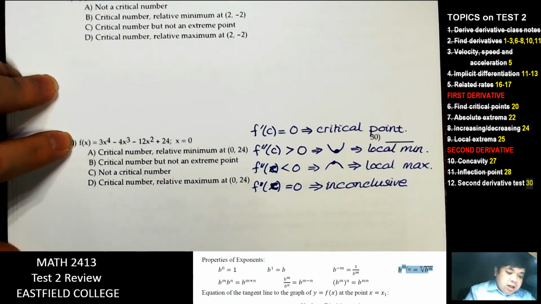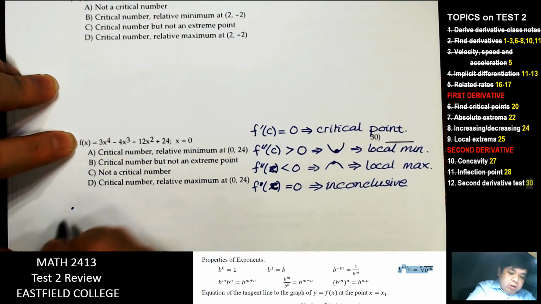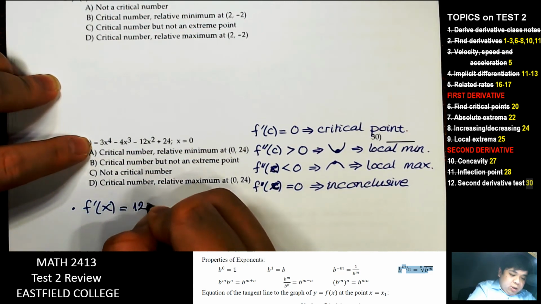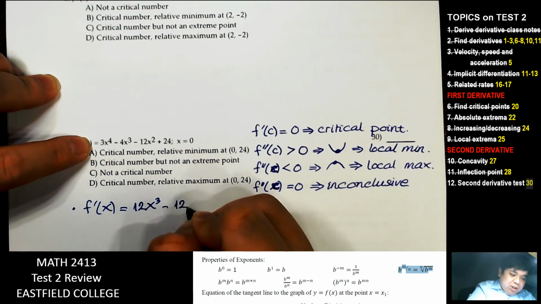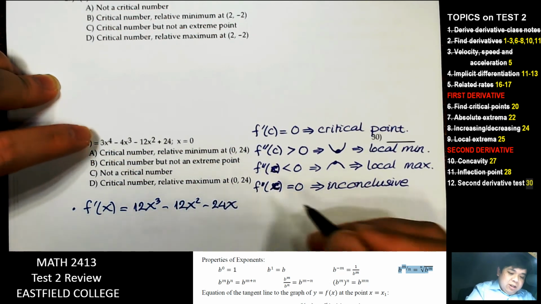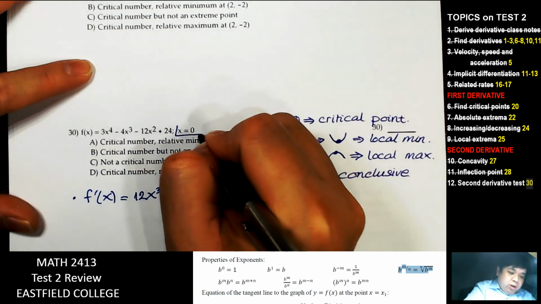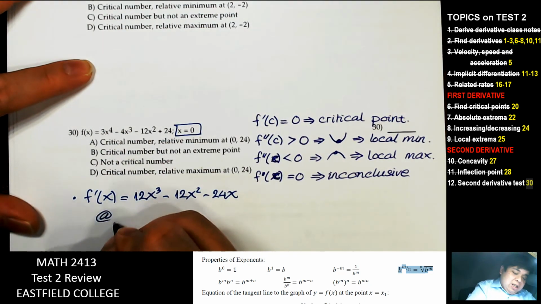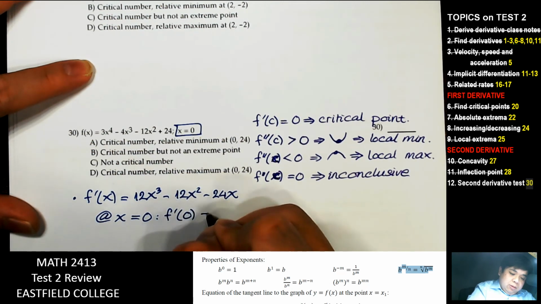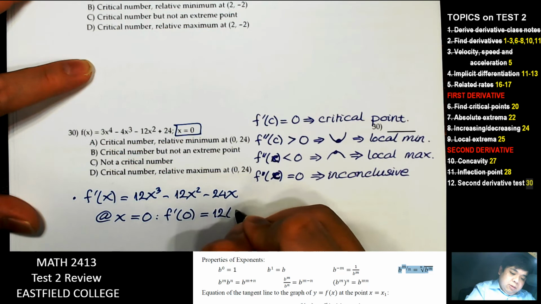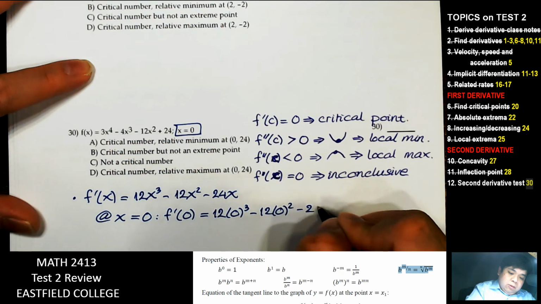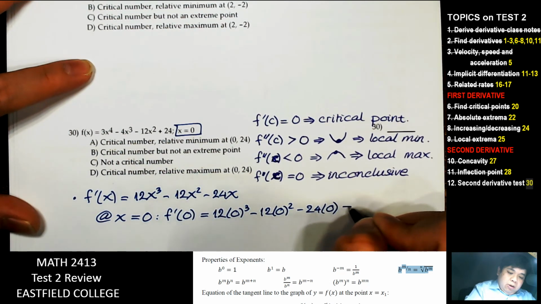Right, so that is the function. First we check the derivative. It will be 12x cubed minus 12x squared minus 24x. The point is given, which is good. At x equal to 0, that is equal to 0.